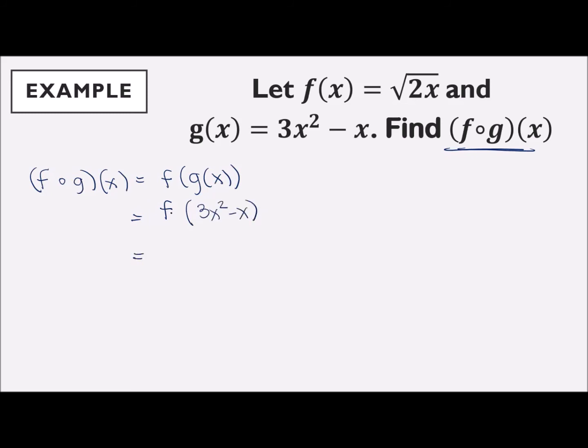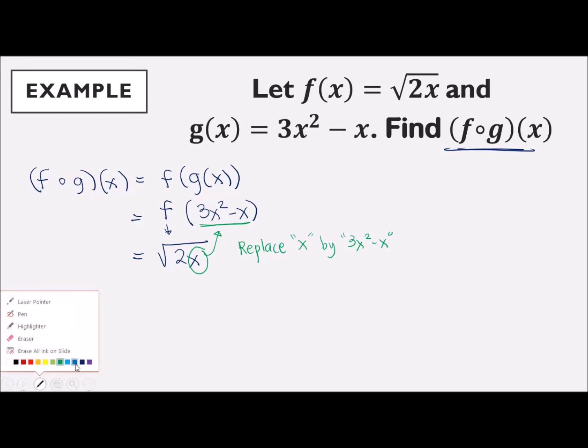Okay? So, sino ba si f? Siya si square root of 2x. So, let me change again the color. Tulad ng ginawa ko kanina. Yung x dito, papalitan ng buong to. So, replace x by 3x squared minus x.